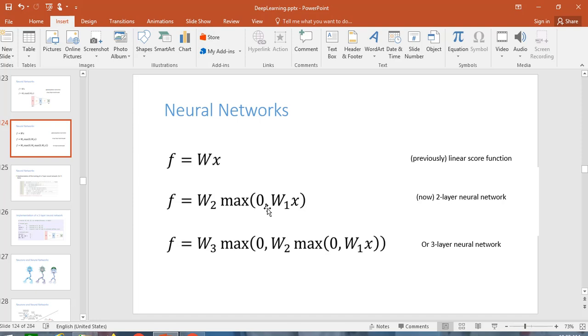For example, f equals the multiplication of W3, W2 and W1. The product of three matrices becomes one matrix. Let's call it generally W. That is, this is also a line.